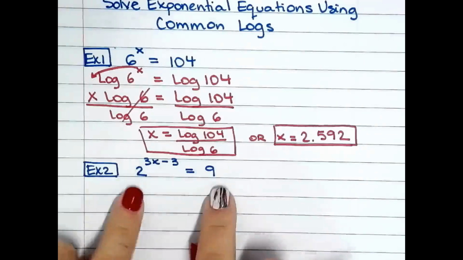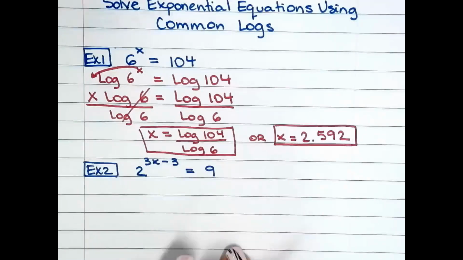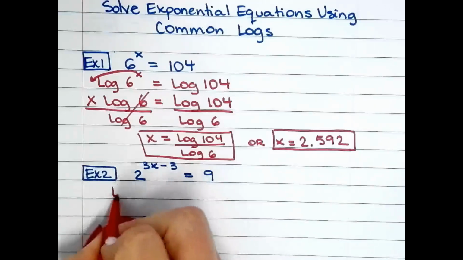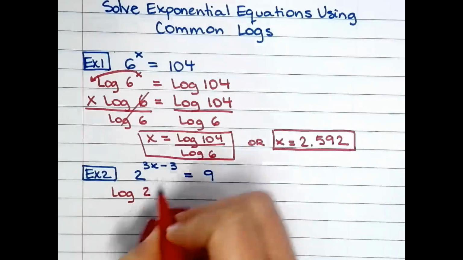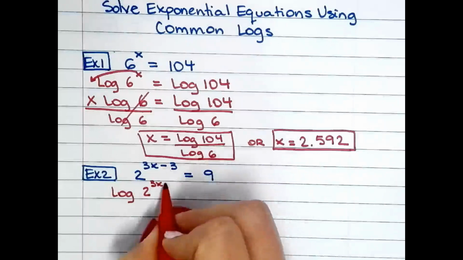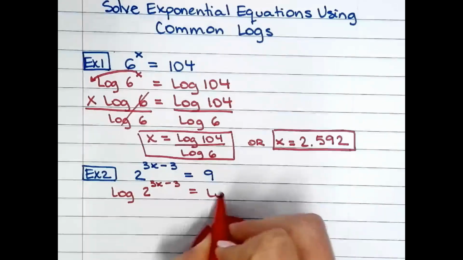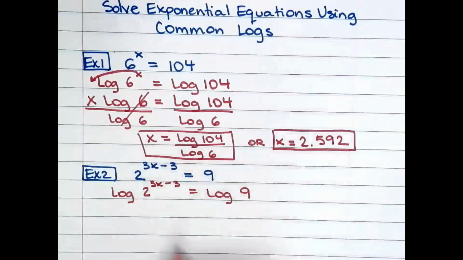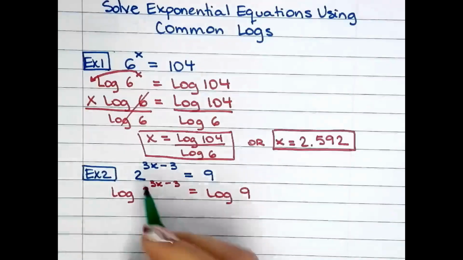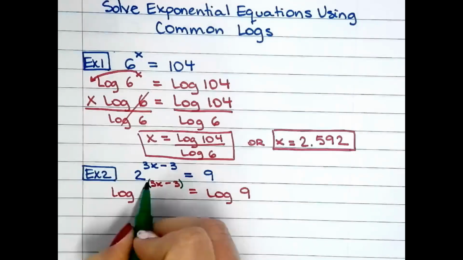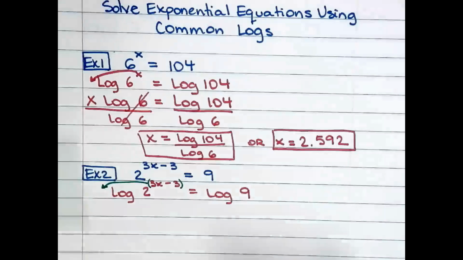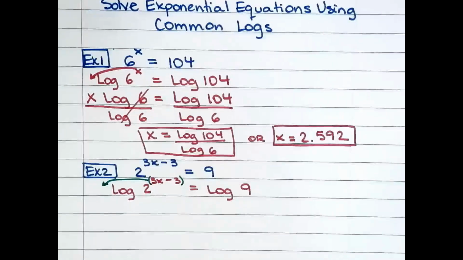Same thing here. Start out by multiplying both sides by log, common log. So log of 2 with the exponent of 3x minus 3 equals log of 9. Now, this is your exponent, and that will go in the front, multiplying. So we're applying the power property right here.